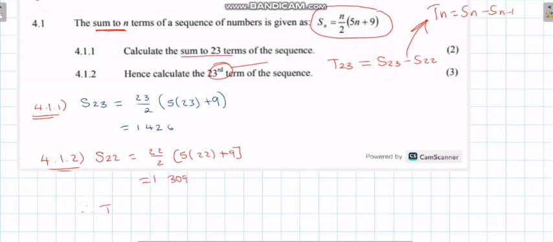Therefore, what will be term number 23 now? Is 1426 minus 1309, which is 117.